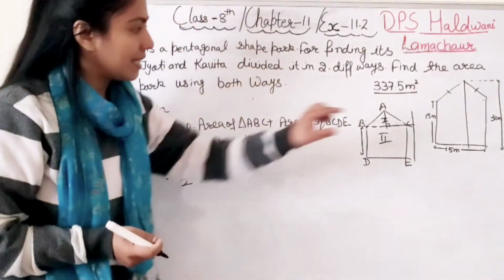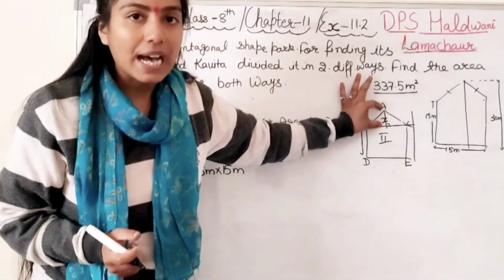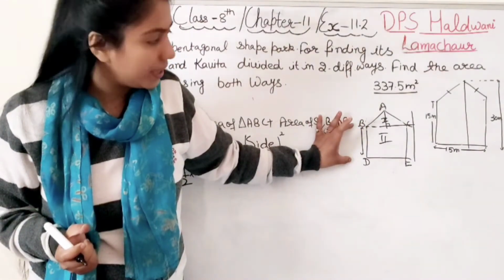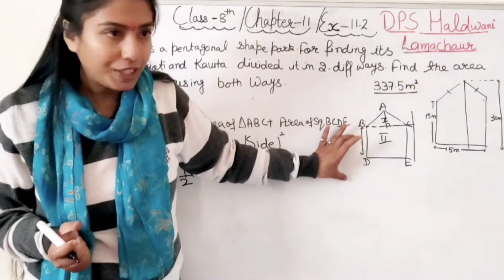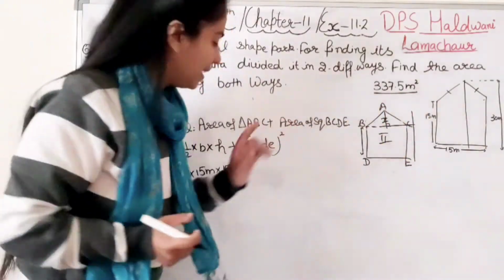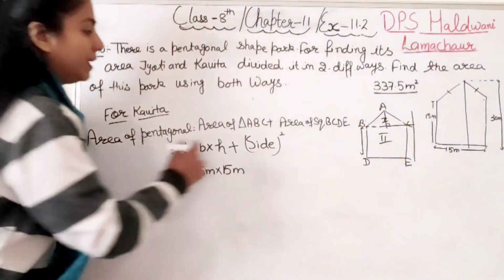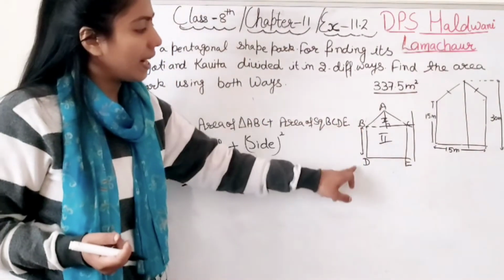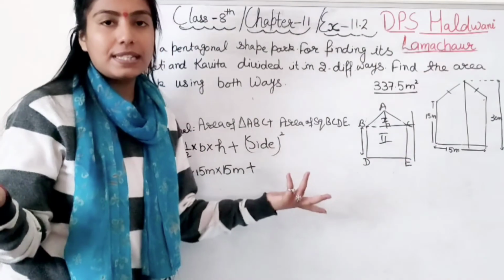Got it, student? See, this length we have to find out, no? This height. Total is given to be 30 and this half is given to be 15. So this much will be 15 only and total will be 15 plus 15, 30. Got it, student? So the height will be 15 meter plus side square. So any side you can take, either BD or CE. It will be the same only.